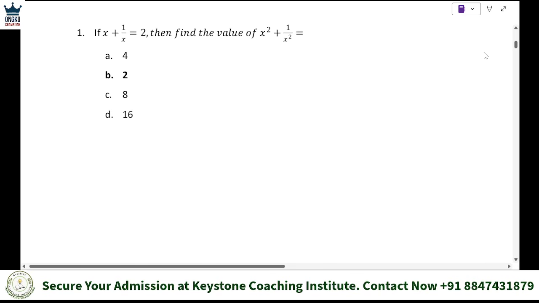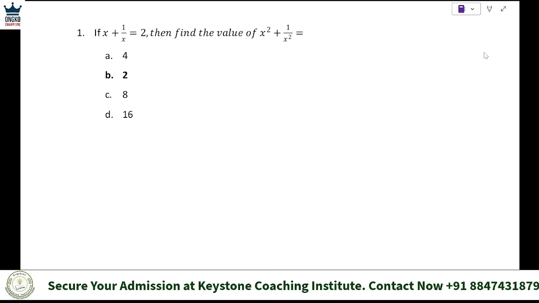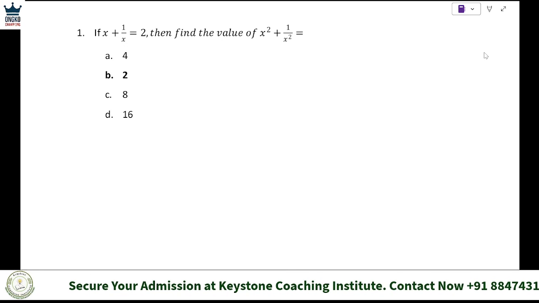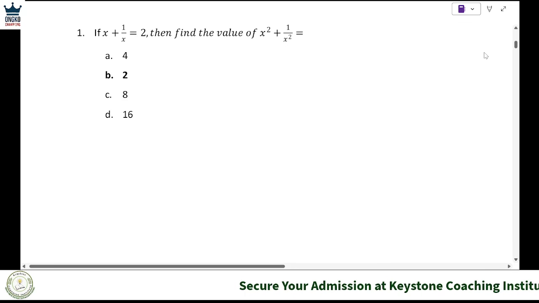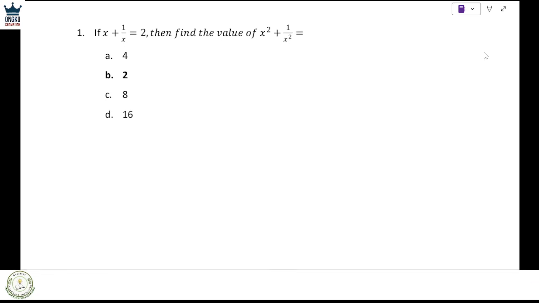The first question is from algebra. You might see this question from time to time. The question says if x plus 1 by x is equal to 2, then find the value of x squared plus 1 by x squared.